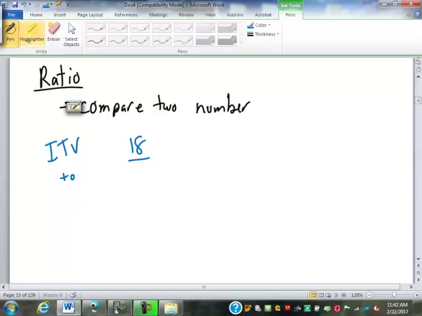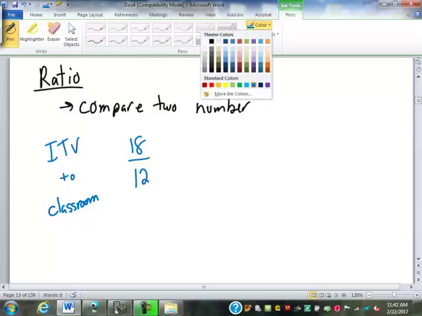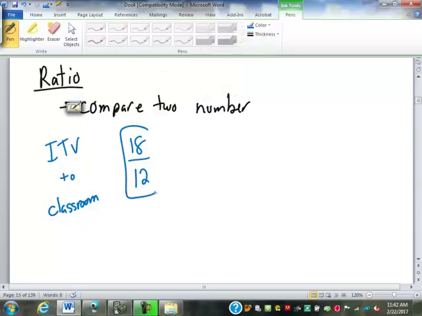So we'll compare ITV to classroom. So that's an 18 to 12 ratio. And I can write it as a fraction, 18 over 12. Or we can write it with a colon, 18:12. Or we can write it as 18 to 12.